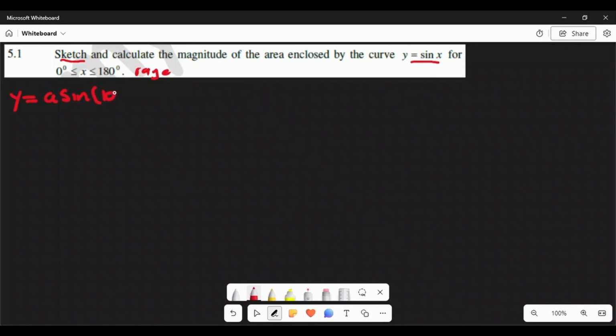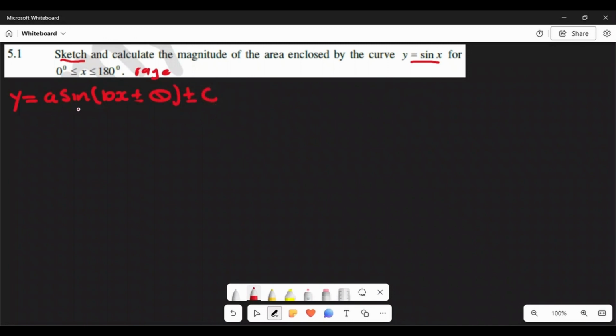B represents the number of periods within 360, and then we have x here. We have plus or minus theta. So theta actually represents the shift of the graph on the x-axis or on the range, and then we have plus or minus c, which is the shift of the graph on the y-axis or the domain.